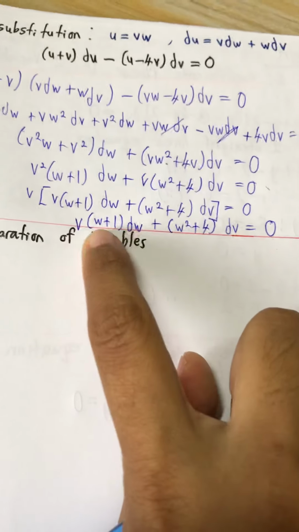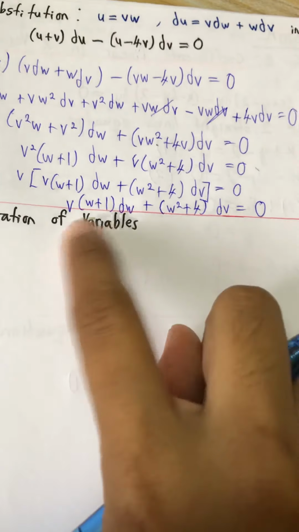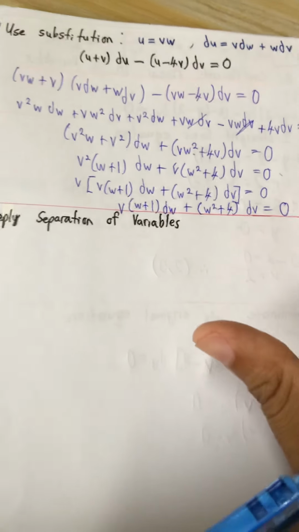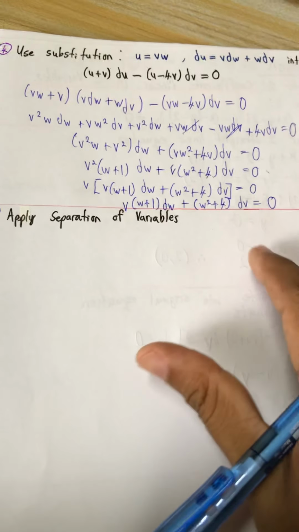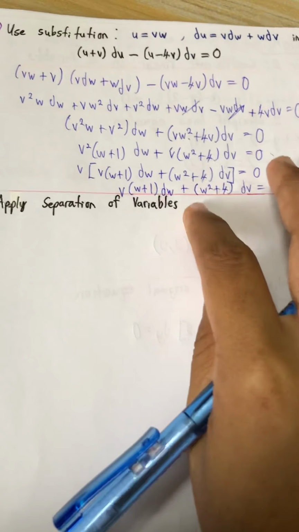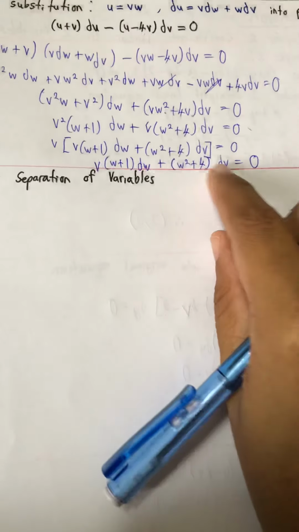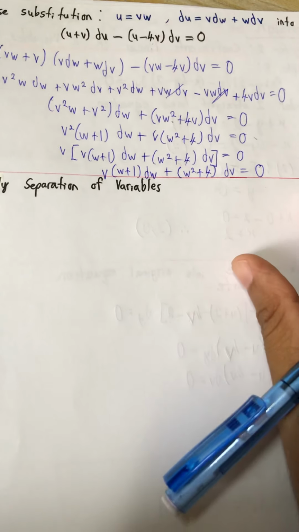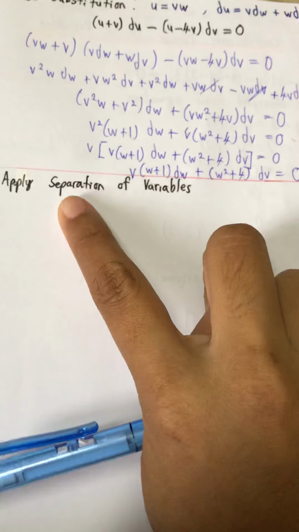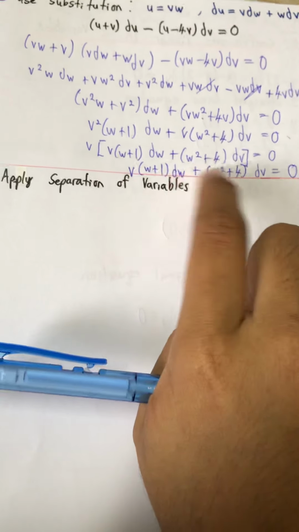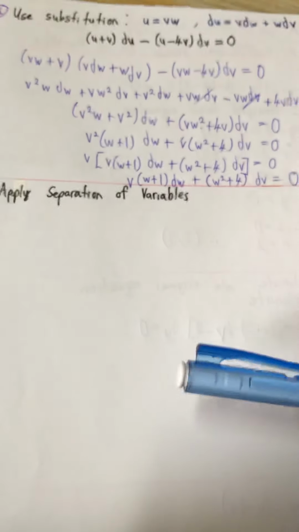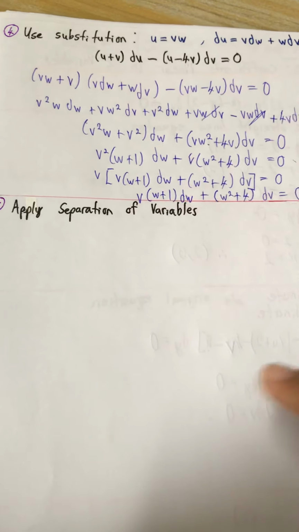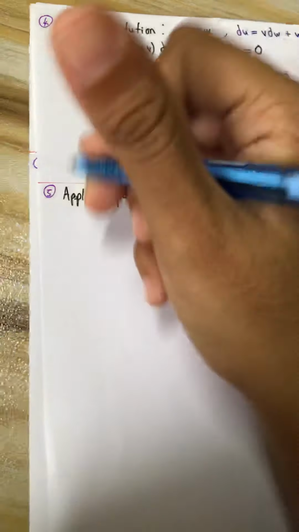So we will leave this form of equation, and then the next step is we will proceed with the separation of variables. Since we can separate the equation into terms of v and w, we proceed with the method of separation of variables. From this equation, we separate it into two parts, and then we integrate it.